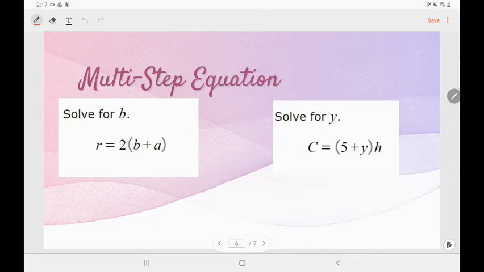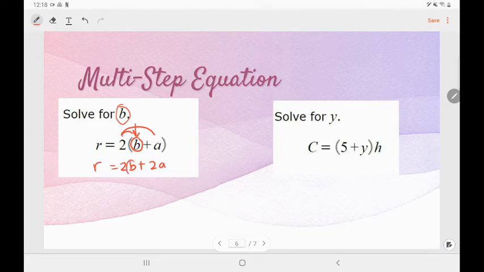If I am solving for b, here's b inside of my parentheses. My very first step is to simplify this. I am going to distribute so that I can get towards that b. So to begin with, I am going to distribute. So I have 2b plus 2a equals r.